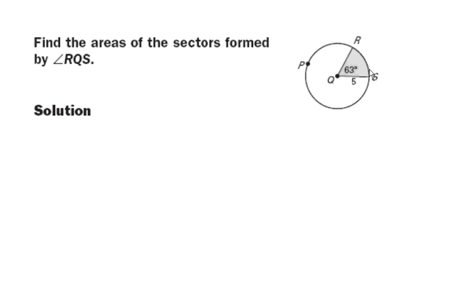So we need to find the area of the sector formed by angle RQS. All right, so we are looking for the area of the shaded region. So we're going to do our part over whole, 63 over 360, those are my degrees, equals the thing that I'm looking for, the sector area, over the whole area of the circle, which would be pi times 5 squared.